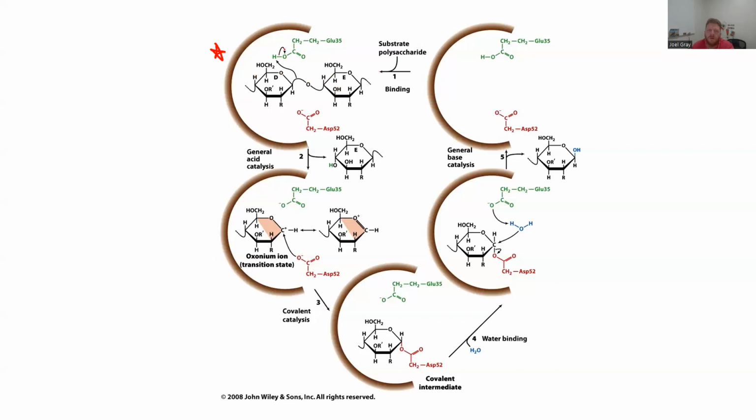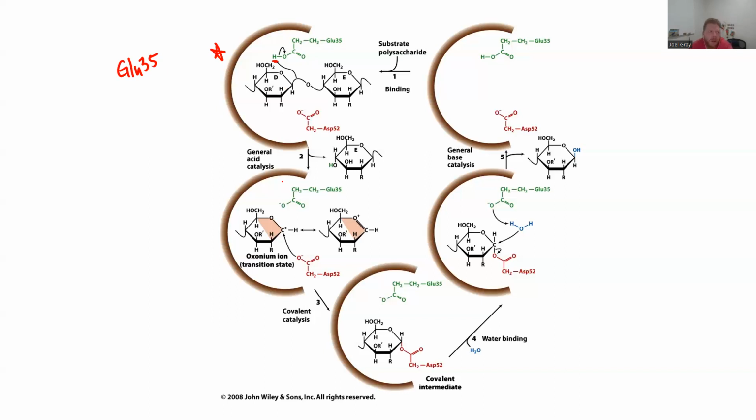What it's going to do is offer up that hydrogen ion right here in order to break this bond. So in order to break our glycosidic linkage, we're going to offer up that proton. So Glu35 is acting as an acid. Okay, that's worthwhile to note.